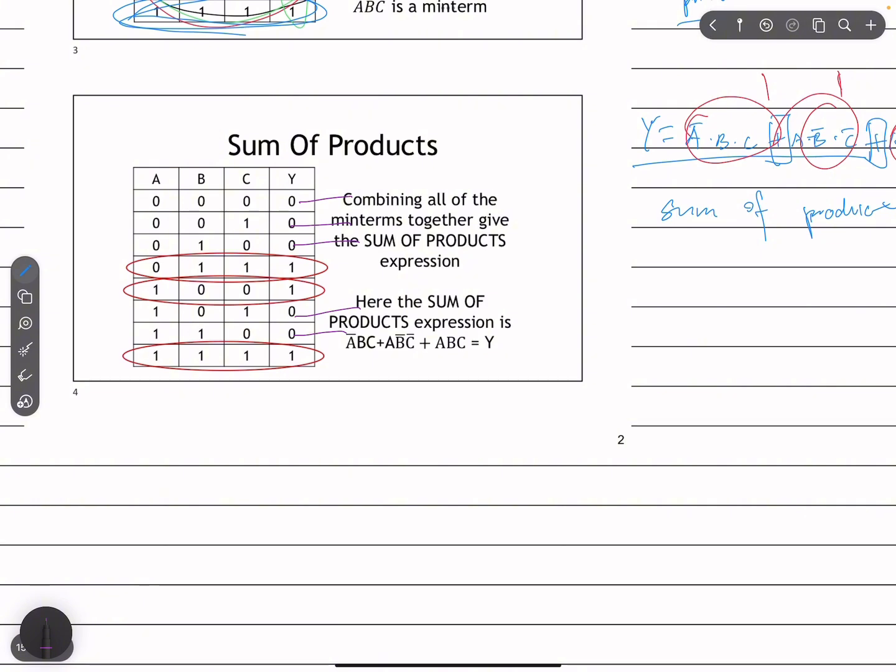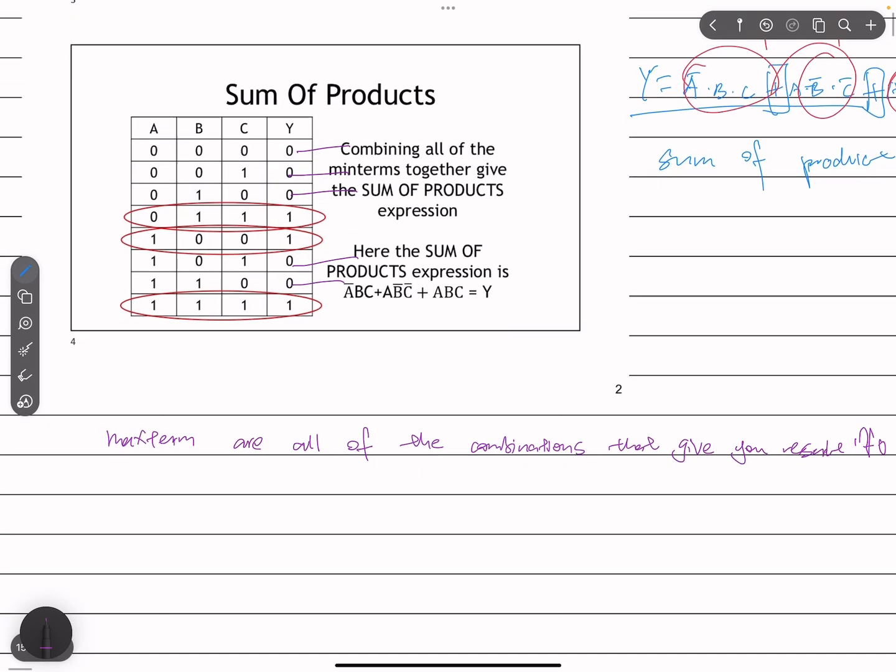The maxterm is all of the combinations that give you the result of 0. So we're looking for the result at 0.